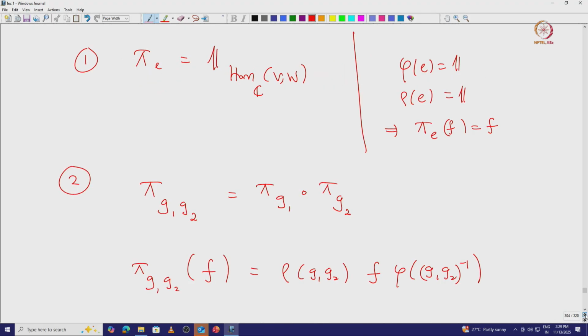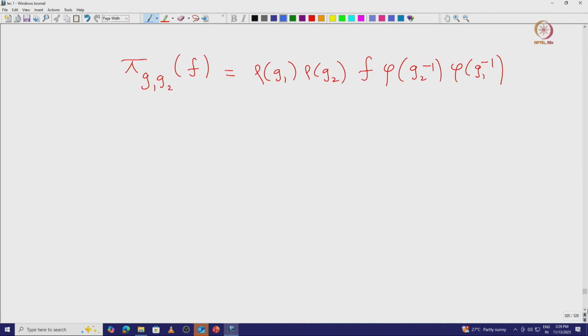Since (g1 g2) inverse equals g2 inverse g1 inverse, applying phi and using the homomorphism property gives the product of phi of g2 inverse and phi of g1 inverse.